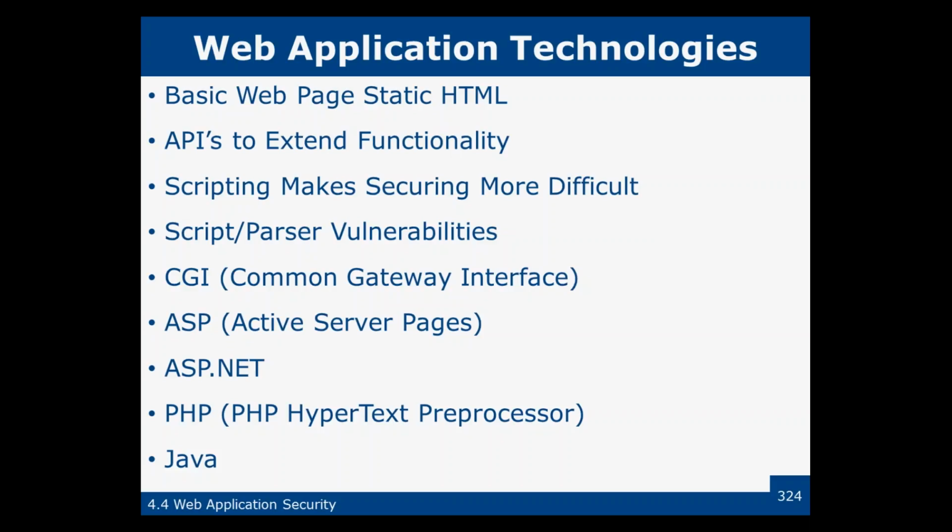Again, the browser requests a page with an ASP extension. The server recognizes that page because of the extension and sends the page to an ASP.dll for processing, DLL being dynamic link library. The script is then executed and the dynamic content is incorporated into the page.